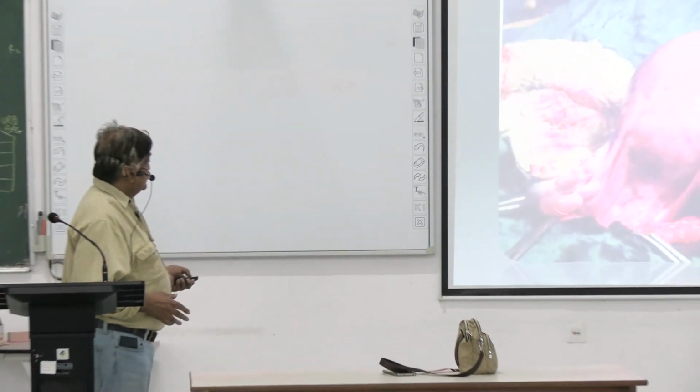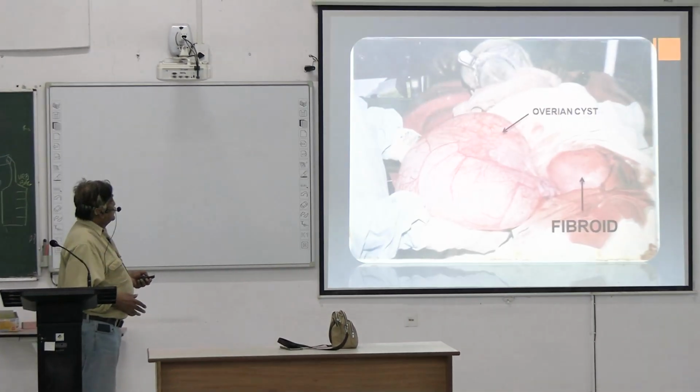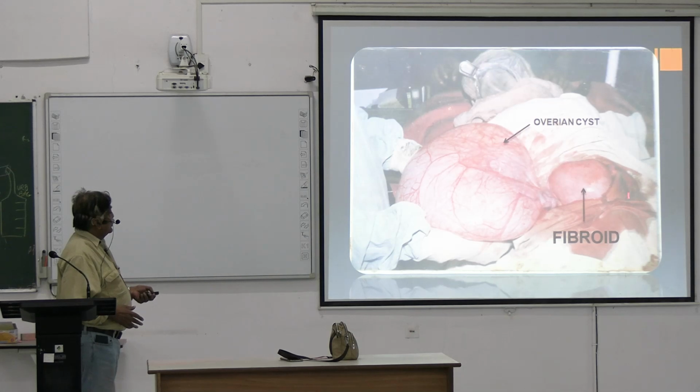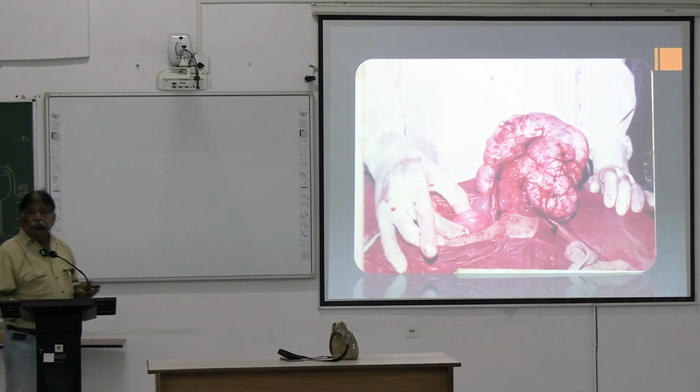Now, huge uterine fibroid. Now, this is the ovarian cyst. Huge ovarian cyst, fibroid. This is an ovarian carcinoma.